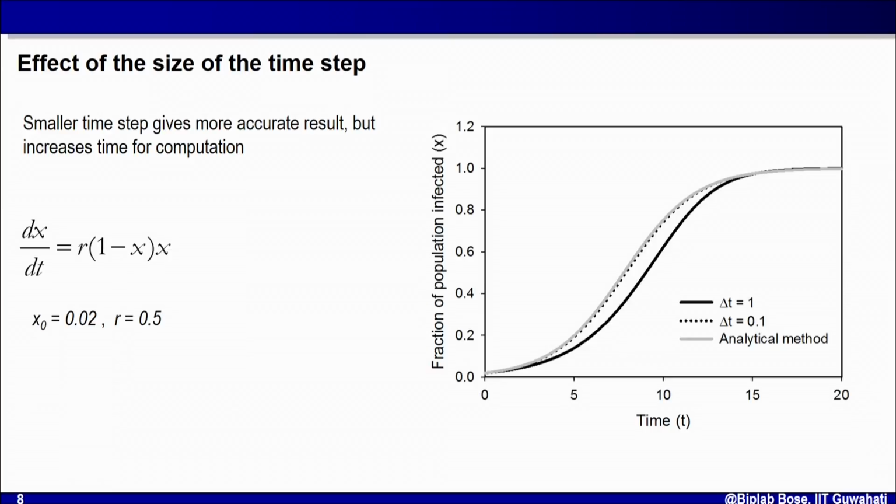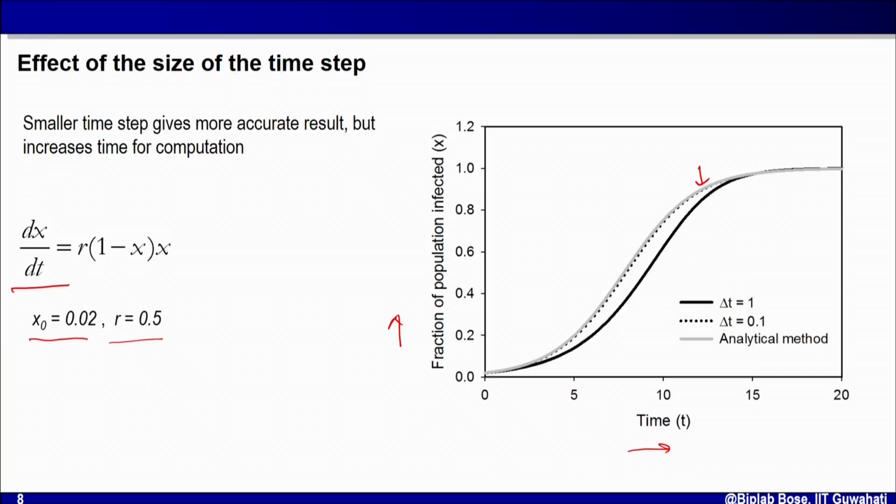See, it is the same ODE for the spread of infectious disease. The initial value is same as earlier, 0.02. R is 0.5, and I have plotted different data. In your horizontal axis you have time t, and your vertical axis you have x. The gray line, as you can see here, is the exact solution obtained by symbolic mathematics or analytical method.